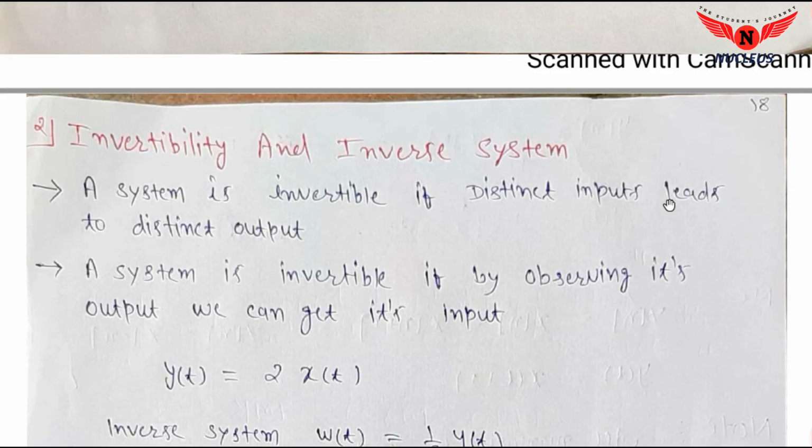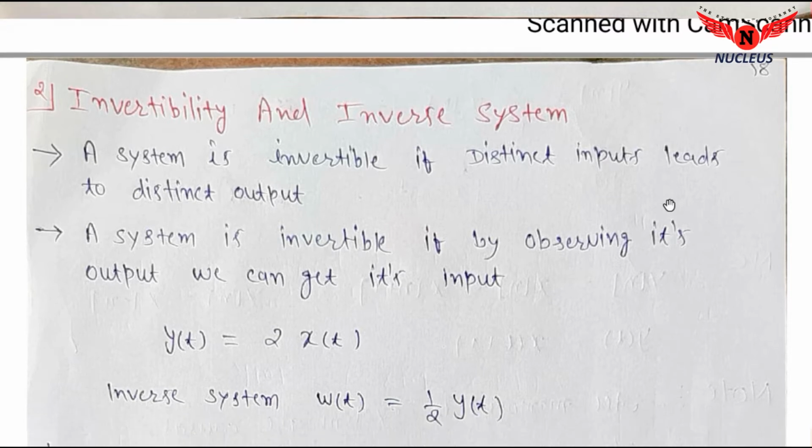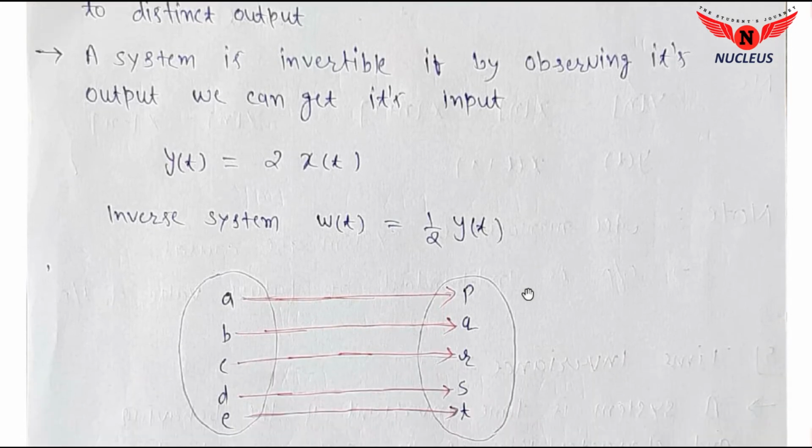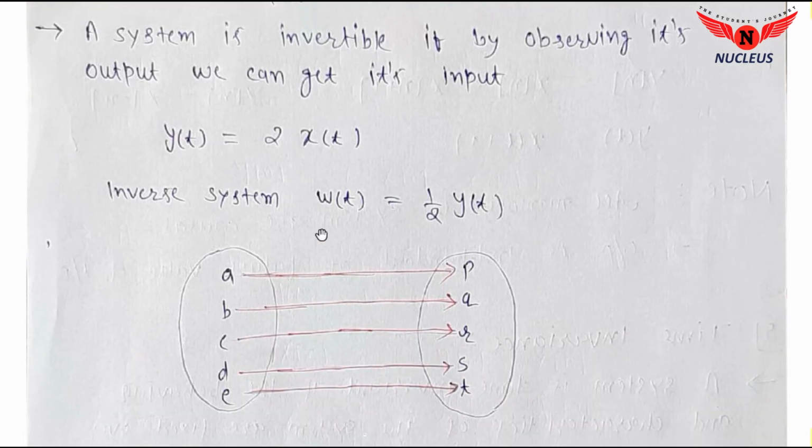The second property is inverse system and invertibility. A system is invertible if by observing its output we can get its input. From this diagram you can see the inverse system. The system is said to be invertible if the relation between the input and output is one to one.